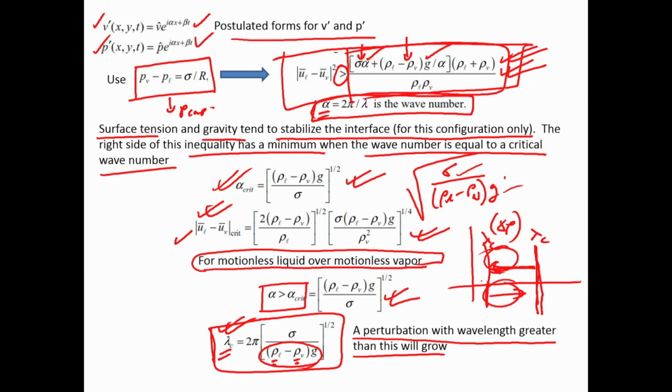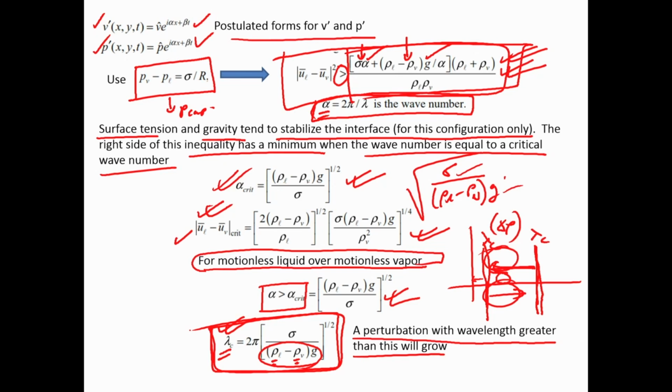On the other hand, if the density difference is too large, disturbances of very short wavelengths can also grow. So, that is a very key takeaway point. Even if you do not remember anything else, just remember this: for a motionless configuration, if the perturbation wavelength is greater than this critical value, it will grow.